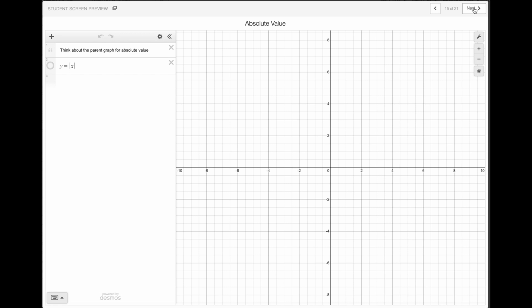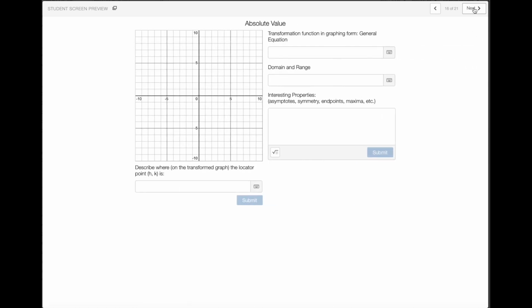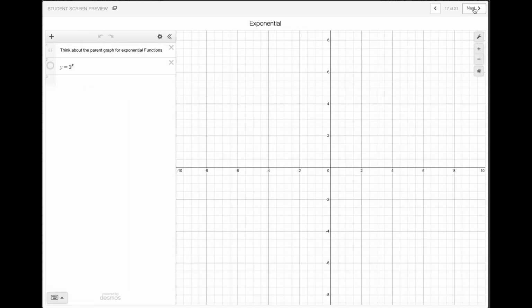The absolute value. Please push pause so that you can work through each family. You're going to continue with the absolute value. Take time, ask questions, ask your teacher. You're going to explore with the exponential function.